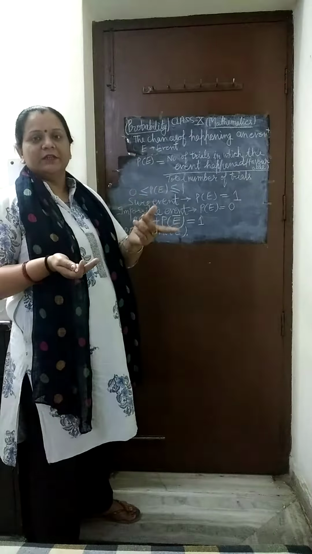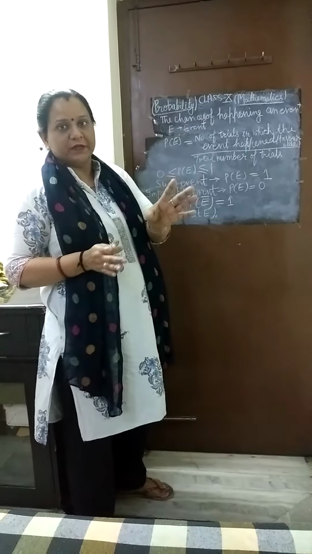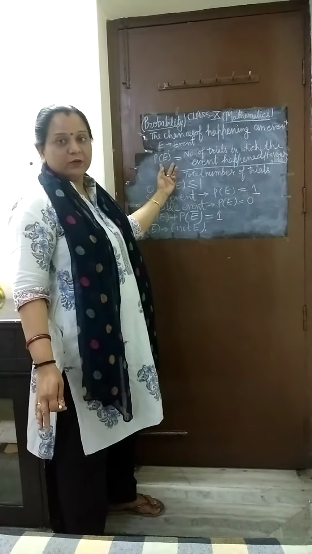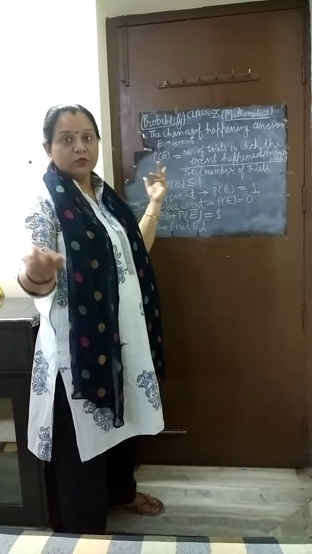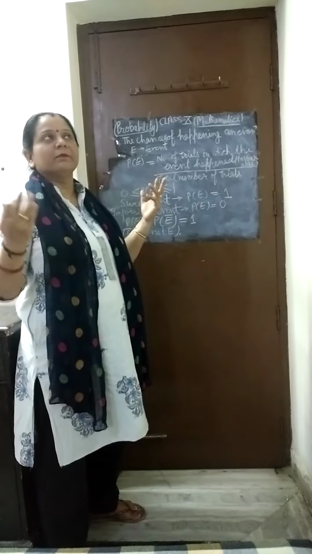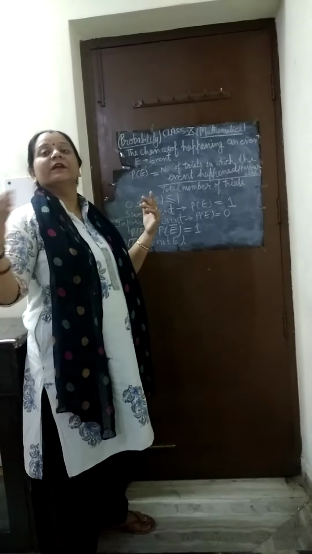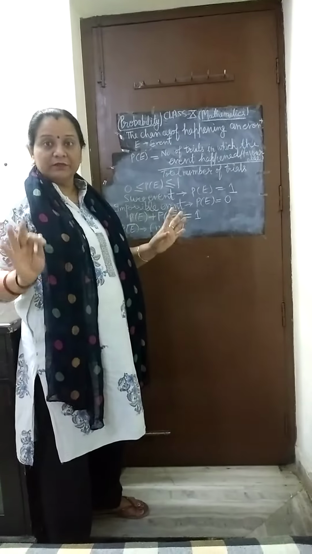Head and tail. You can obtain head or tail. These are the events. So probability of event. Or you throw a dice, Ludo dice. You have numbers 1, 2, 3, 4, 5, 6 and you want to have a particular number like, say, 2. So what is the probability of happening an event of getting number 2? So these are all events.